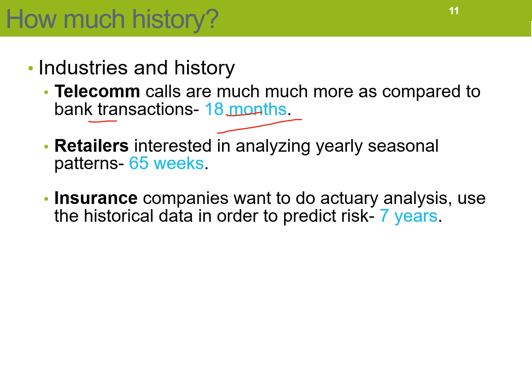For the retail industry, usually they keep 65 weeks of data for the analysis. In the insurance industry, you keep 7 years or 10 years or 15 years of data, because insurance is of a type that if you want to make predictions in it, you have to keep many years of data. So how much history you keep in the warehouse depends upon the industry.